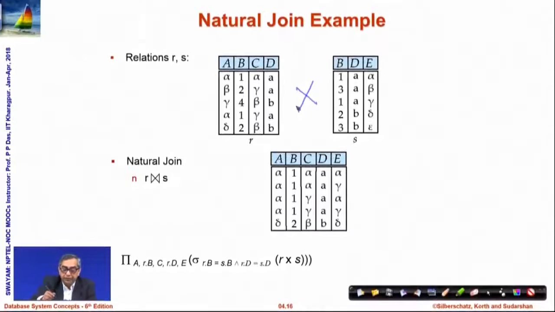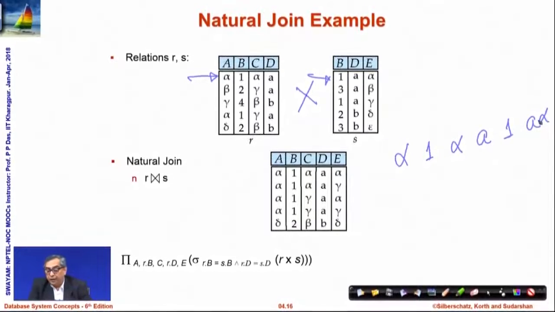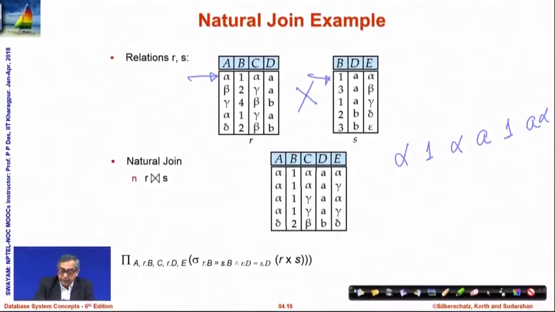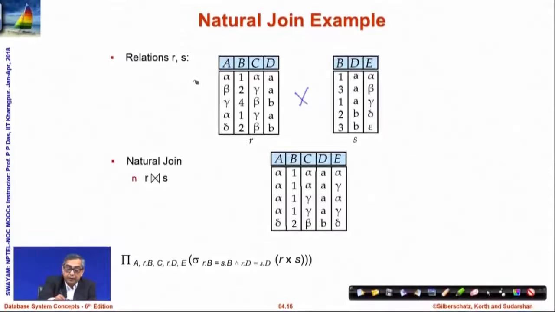So, for example, if you look into this row and this row, what will happen in the Cartesian product? I am doing a Cartesian product, I am looking at this row, I am looking at this row.